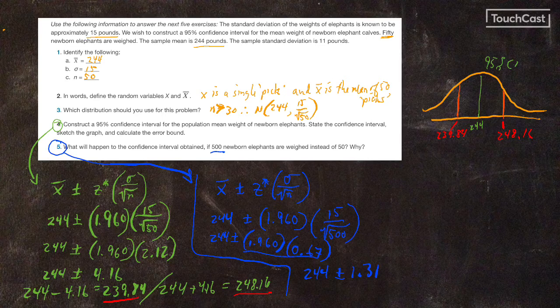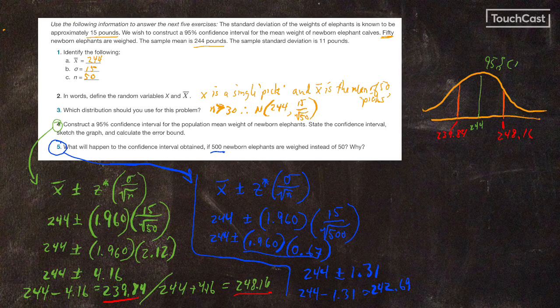And so what that's telling me is that it's going to range from 244 minus 1.31, sorry, I just typed it in wrong here, that's going to be 242.69.